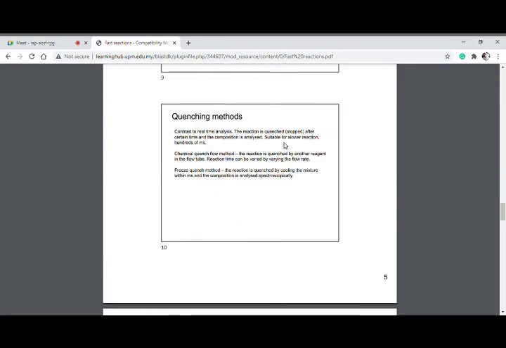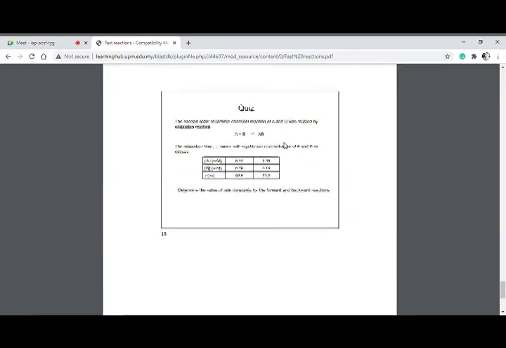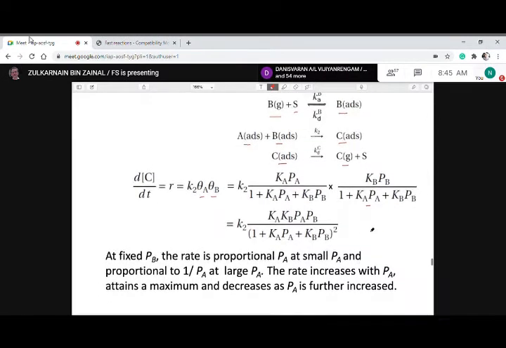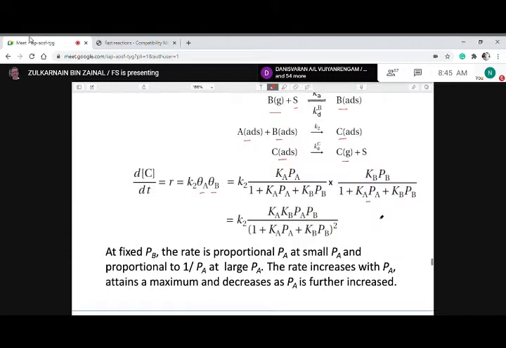So that's why you have a bit more complex equation compared to the previous one, of course, because both reactants have got to adsorb on the same surface. So meaning that both adsorbates have to compete for the surface sites on the catalyst, right?